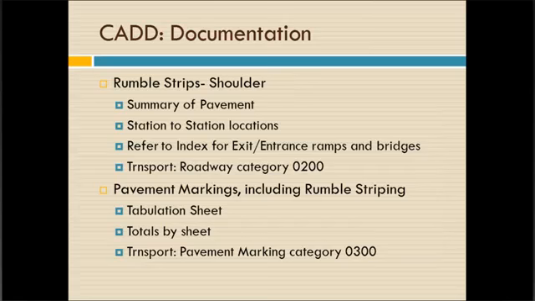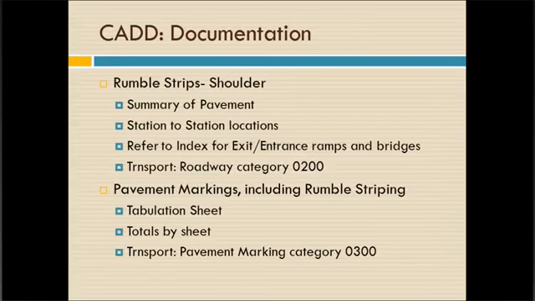Some things that we want you to know, rumble strips. We have the rumble strips that go out there on the shoulder. Okay, it has no paint associated with it. So the rumble strips are to be documented in the summary of pavement quantity box.